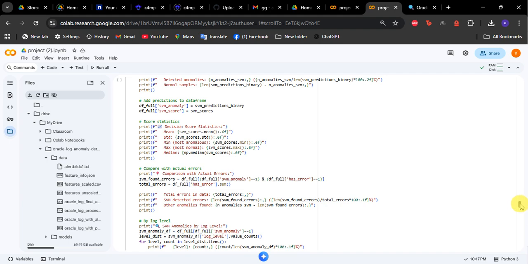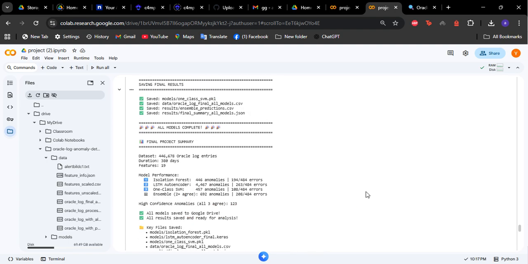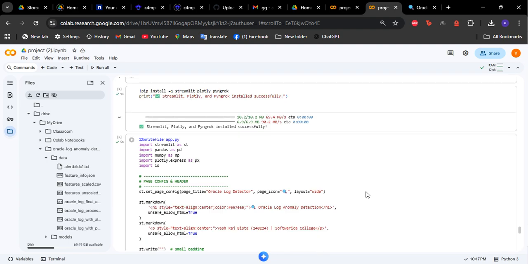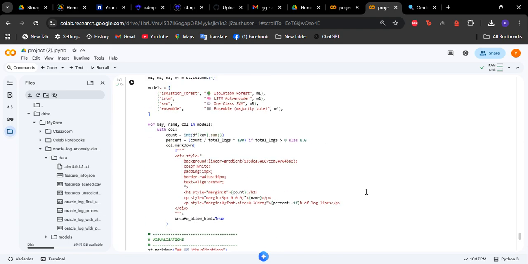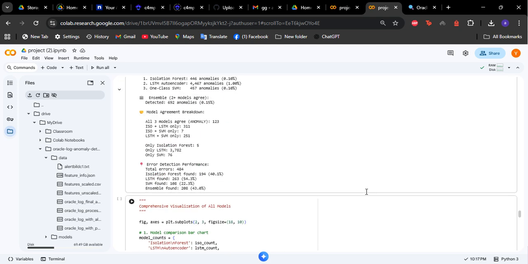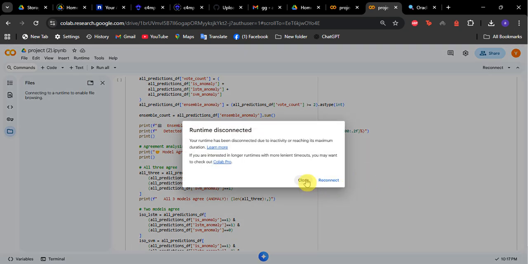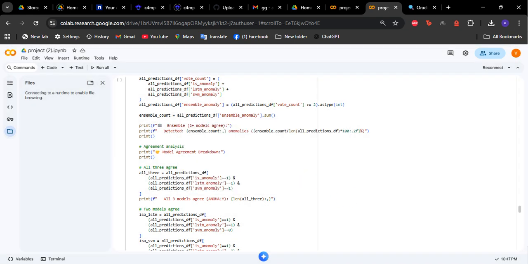I compared the traditional rule-based monitoring system of Oracle Enterprise Manager with our framework.